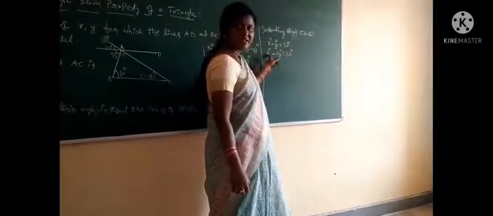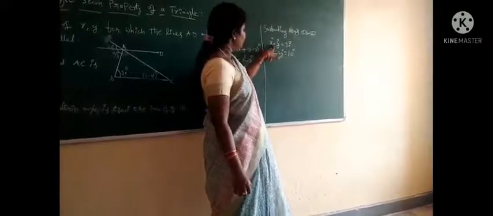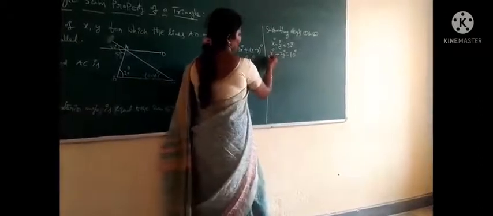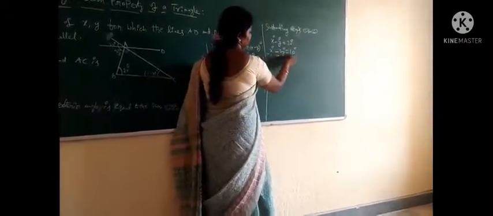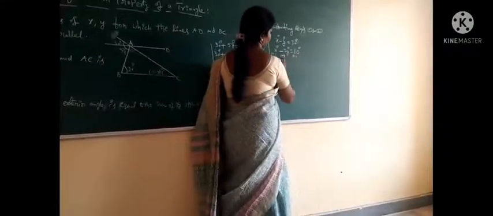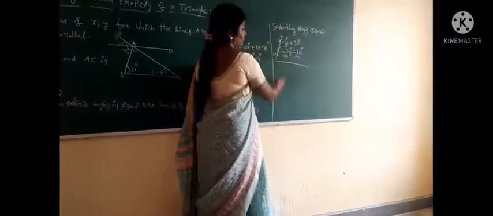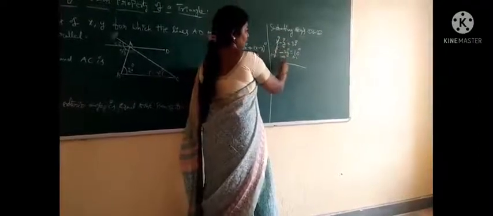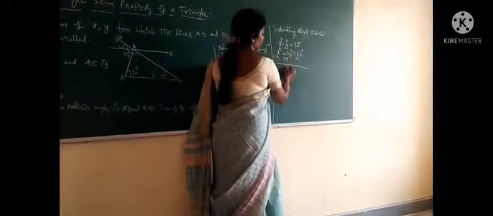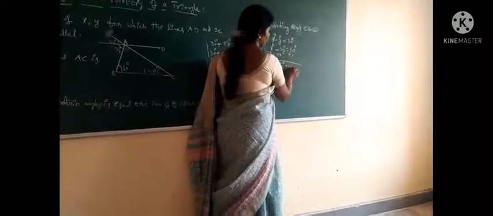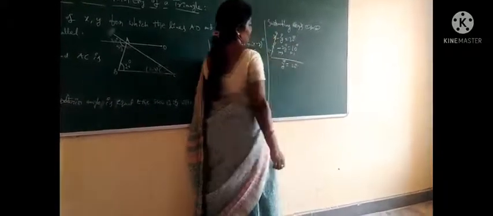Subtracting the second equation from equation 1, we change the signs: minus, plus, minus. Plus x minus x is 0, minus y plus 2y. So, y degrees is equal to 30 degrees minus 10 degrees is equal to 20 degrees.